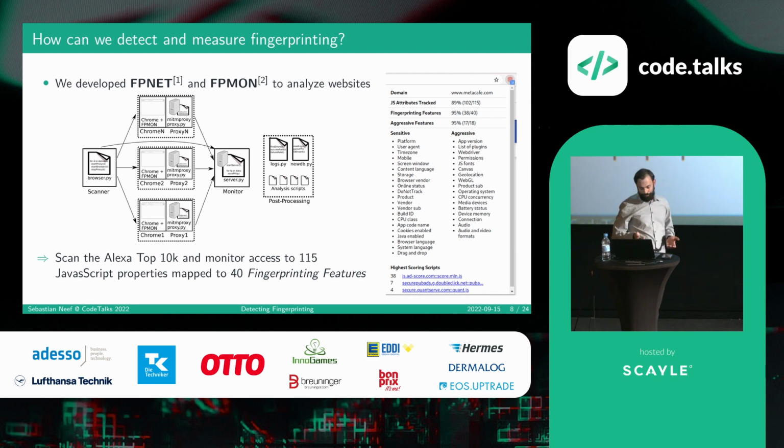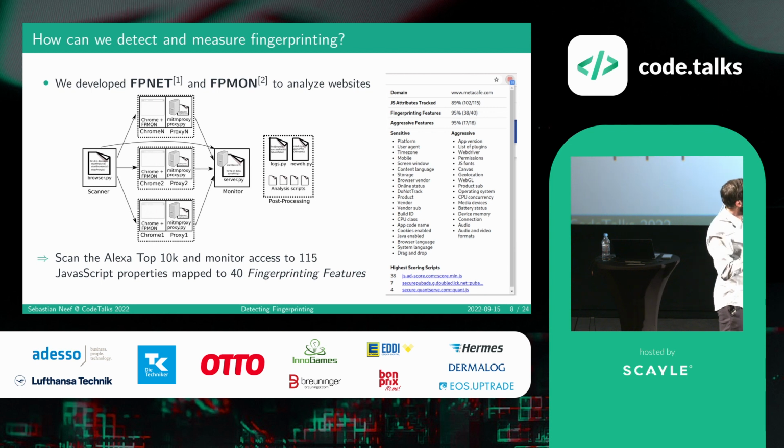It analyzes the website that your browser is on for all the different fingerprinting activity. We monitor about 115 properties, be it JavaScript properties or JavaScript functions, and we map them to about 40 so-called fingerprinting features. All the features you will see on the right-hand side.